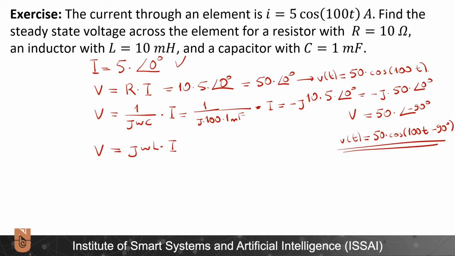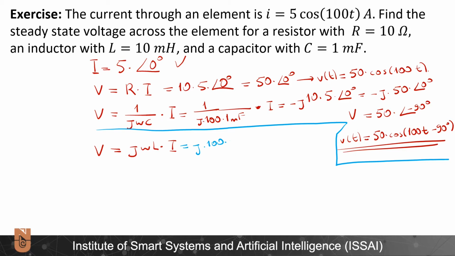Now let's do the third one with a different color such that we don't get confused. And here I will have j omega L. Omega is 100 and L is 10 millihenry times 5 with the phase of 0 degrees.